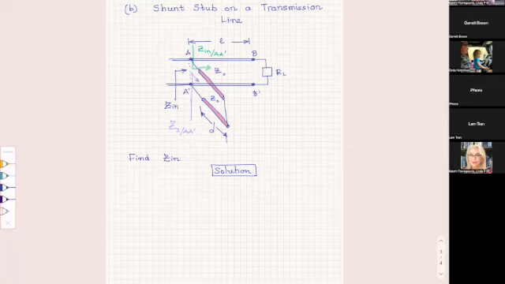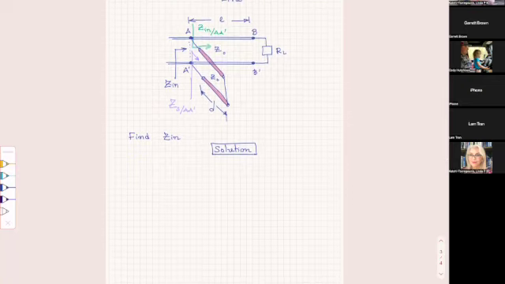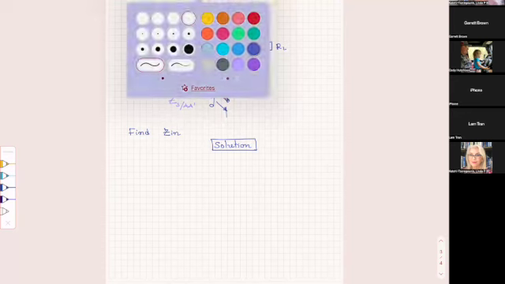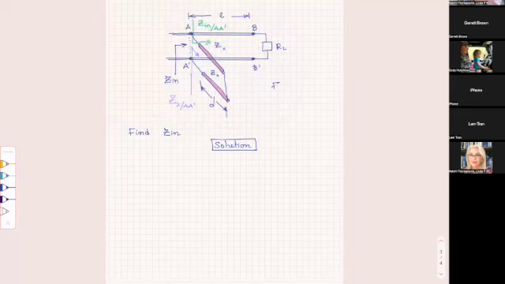Okay. If I were able to find Z input at A prime and Z stub at the beginning of the stub at A prime, then this circuit looks like this. Figure 1.